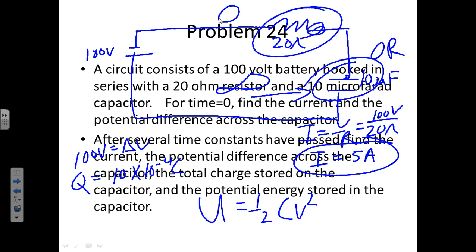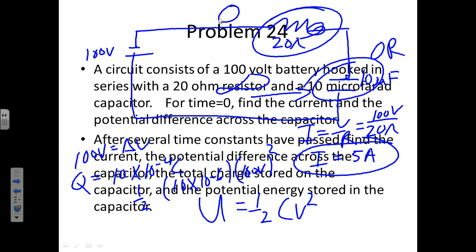Where we take the capacitance, which is 10 microfarads, which we're going to write as 10 times 10 to the minus 6, times 1/2, times not the velocity, what's the here? The voltage squared, so 100 volts squared.